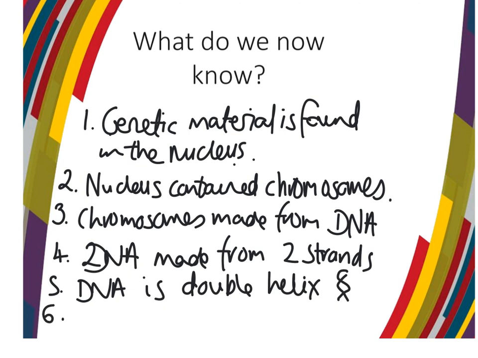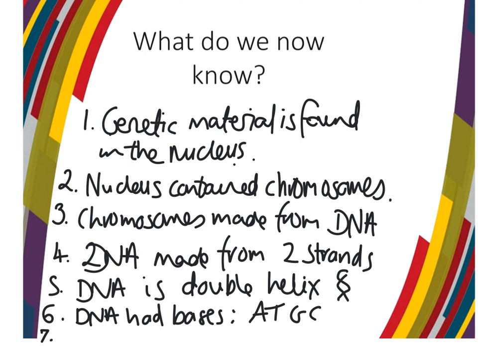Number 6, we said that DNA had bases, and there were 4 bases, A, T, G, and C. And our very last learning point, we said that A always goes with T, and G always goes with C. So we have covered a lot of material there. So all that's left for us to do now is to test our knowledge on a couple of questions.